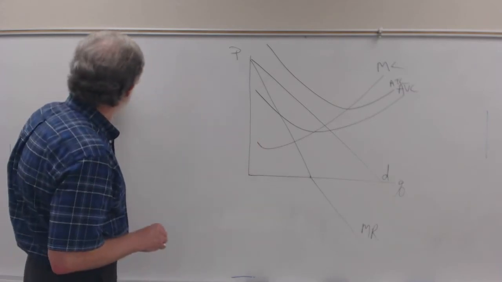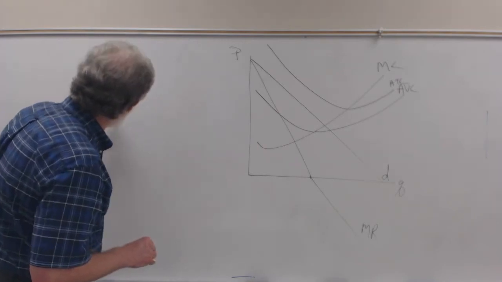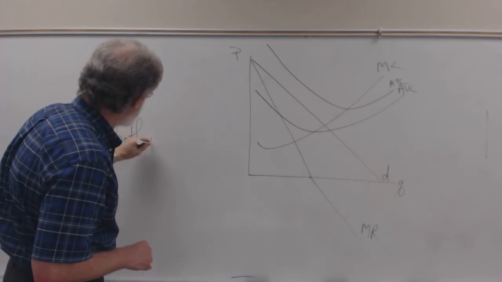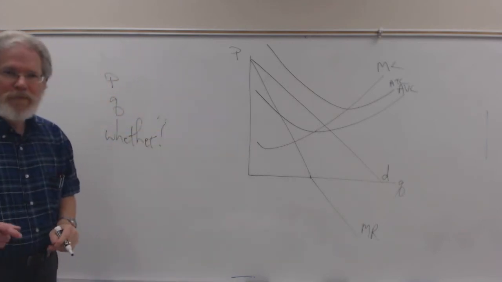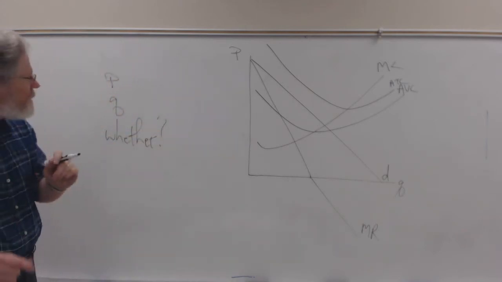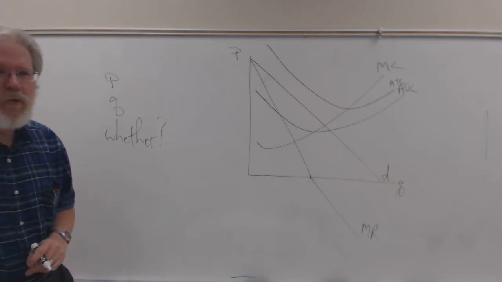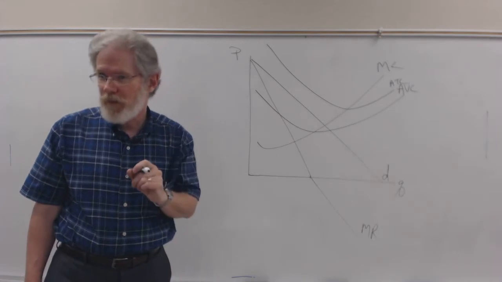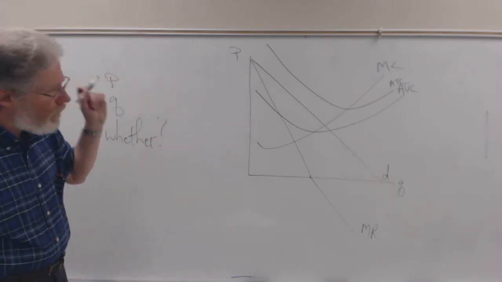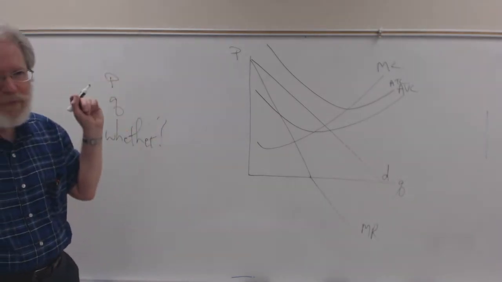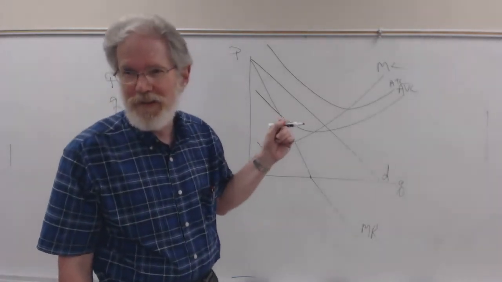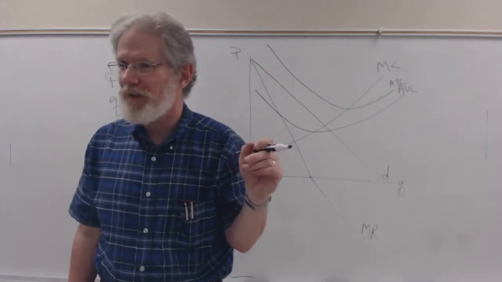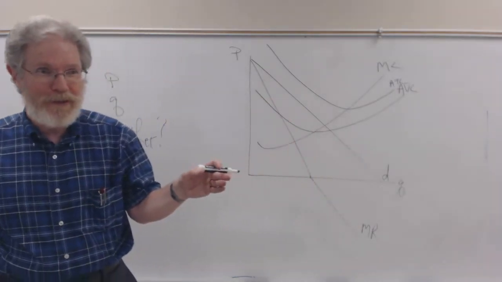We want to know what price he is going to charge, how much he is going to produce, and is he going to produce at all? But the way to answer that is you have to first figure out, if he's going to produce, how much is he going to produce? And you always find that where what is equal to what? MR equals MC. MR equals MC.